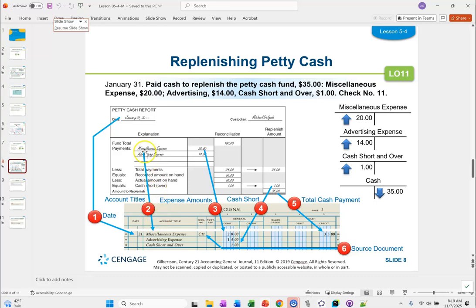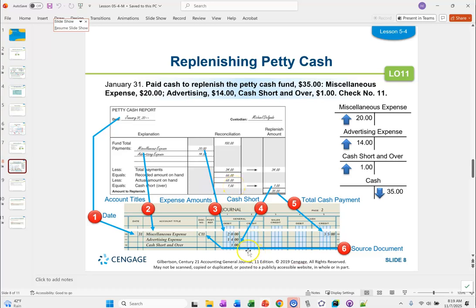Okay. So again, we would record the date and the account titles that are being interacted with. In this case, miscellaneous expense, advertising expense, and then always cash short and over if that exists. And we record the quantities there. So a $20 debit, a $14 debit, and a $1 debit. Be careful on the cash short or over.